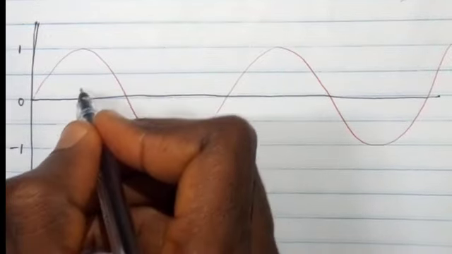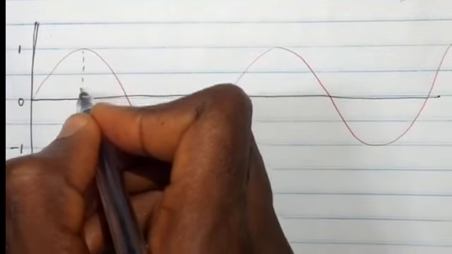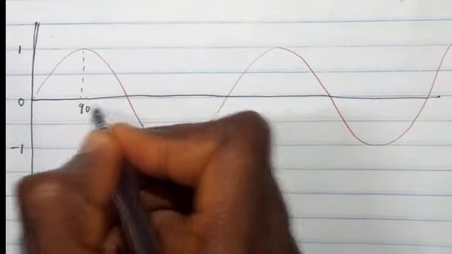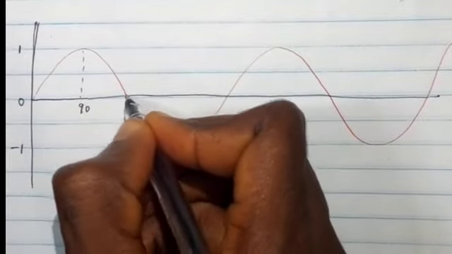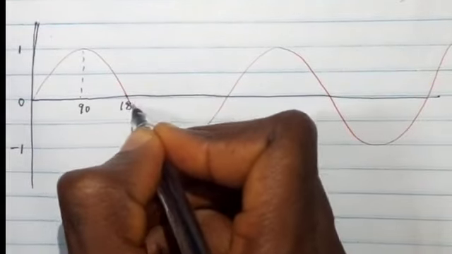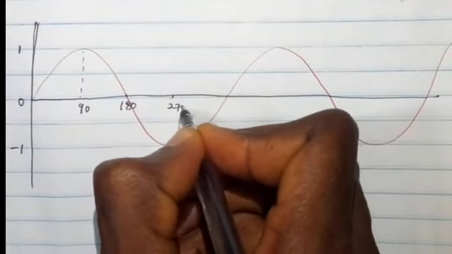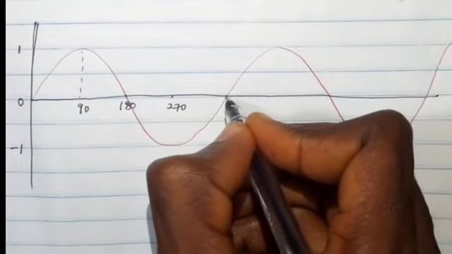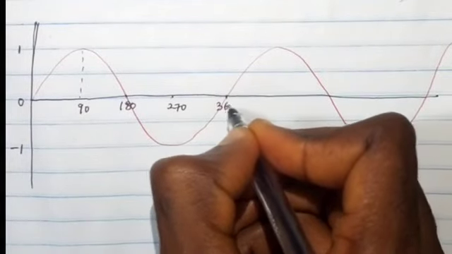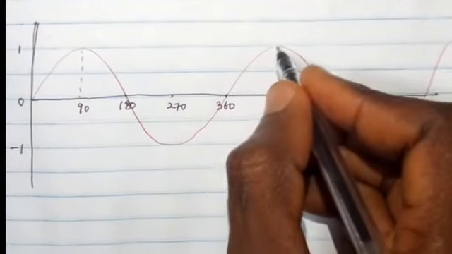For the angles on the horizontal, at the point of first amplitude we have angle 90, at this point we have angle 180, just like in multiples of 90. This one is 270, and this one is 360 for one complete wave.